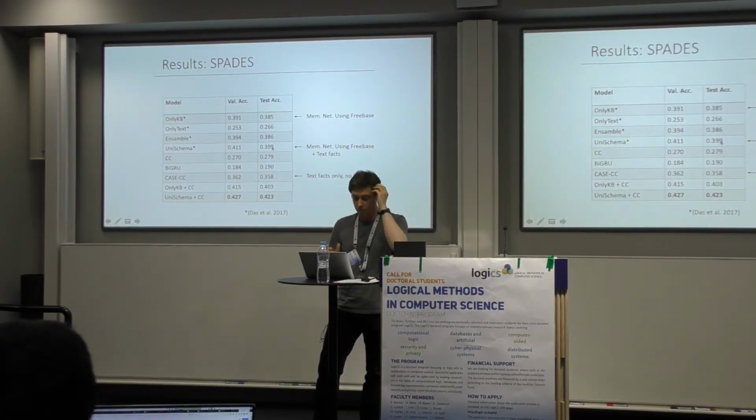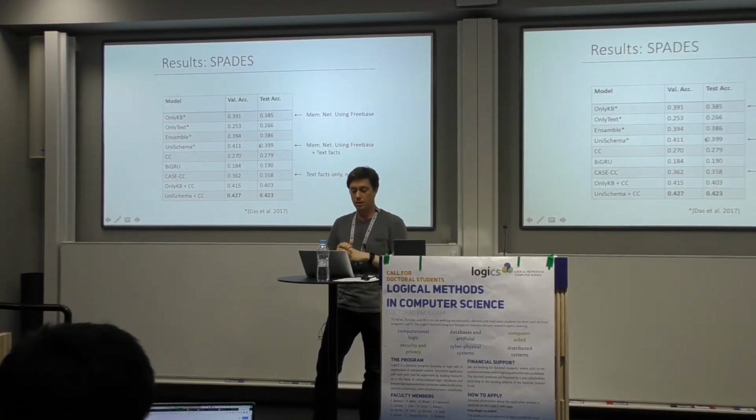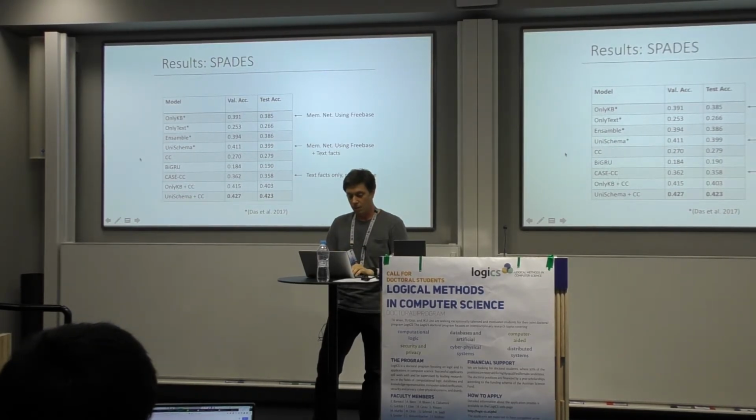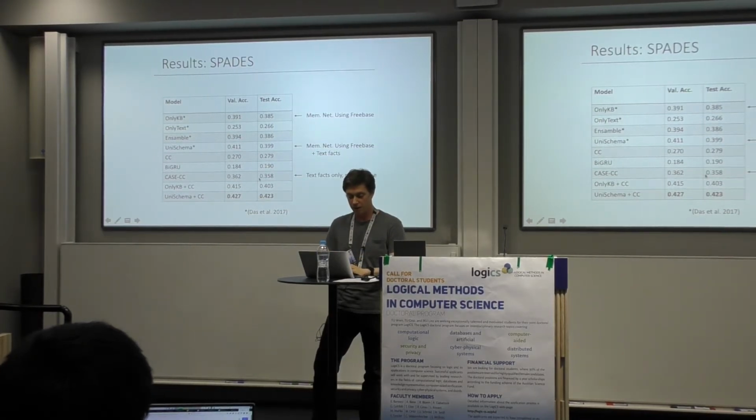Their major contribution was a way to combine both knowledge base and text, and they get close to 40% accuracy. We don't do as well because we're not using the knowledge base at all, but we want to approach that without using a knowledge base, and I think we've almost gotten there, around 36% accuracy.